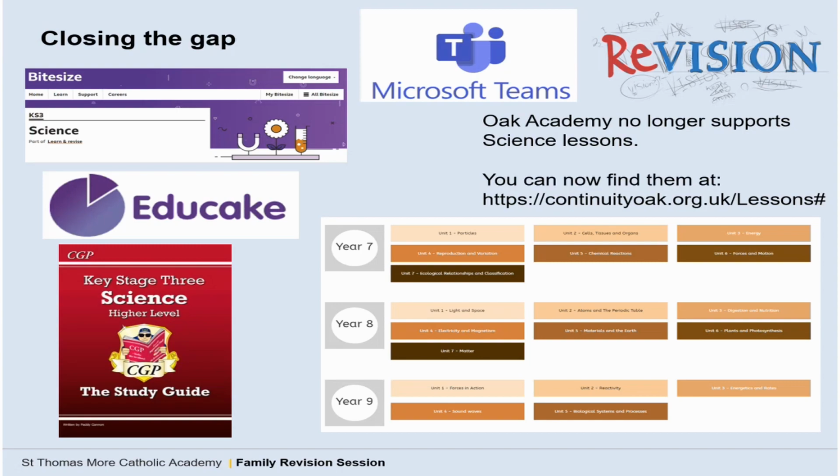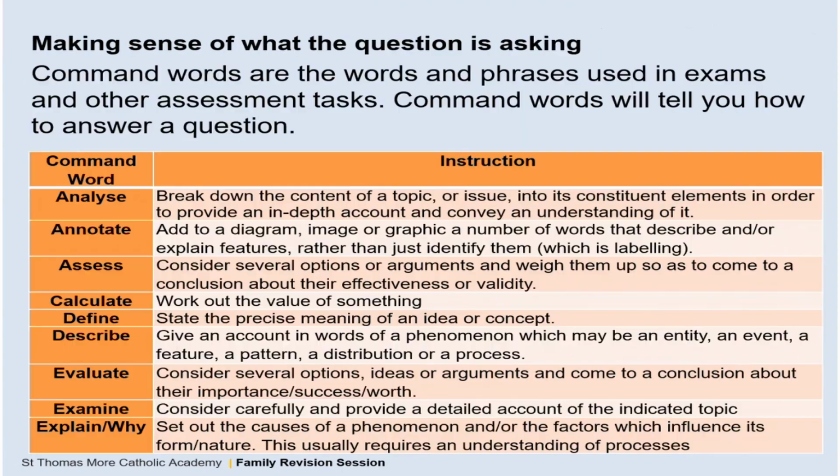Now in science, we have command words instructing us what to do in the question. It might be that the question's a define question, so stating what a word might mean. It might mean that the question is an explain question. So that is a state and say why, and it's going to be at least 2, if not 3 or 4 marks.